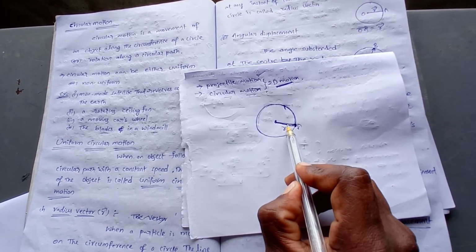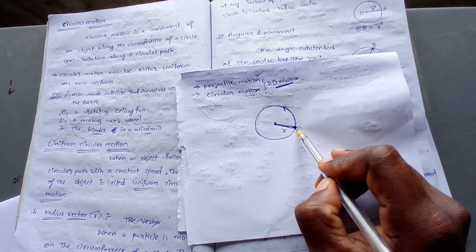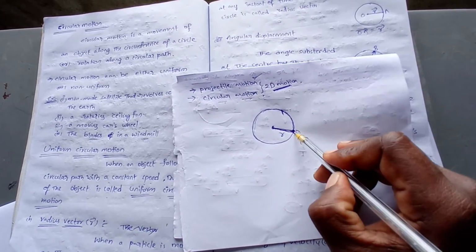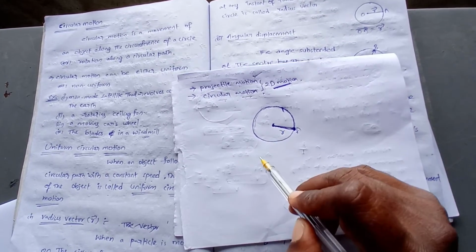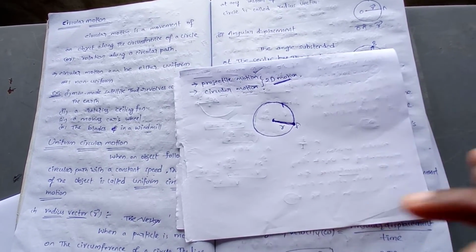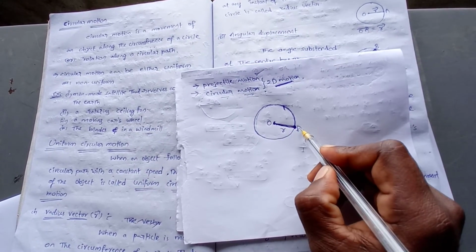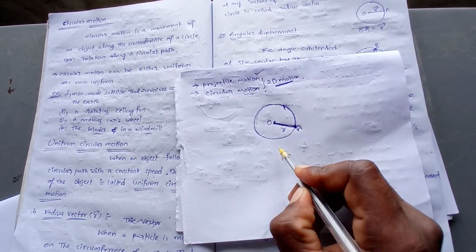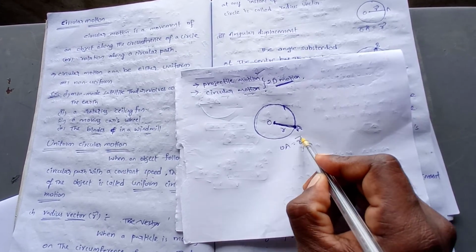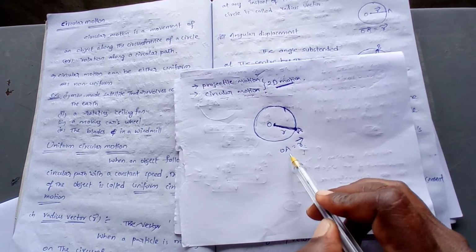This is the line joining 2 points here. This is the position of the body, this is the center of the circle. When we join these 2 points, this is the radius vector. Suppose this is the center O, this is the position of particle A, OA is equal to R. So R bar means this is the radius vector.